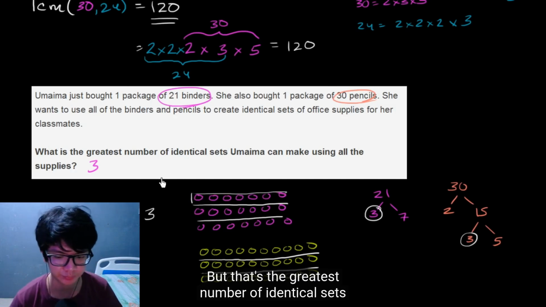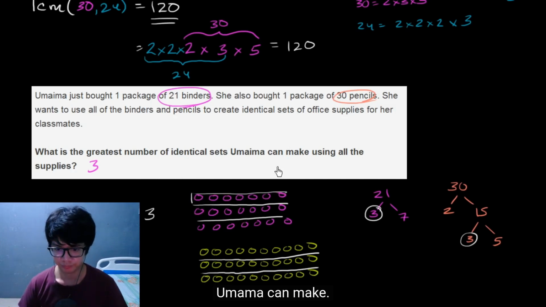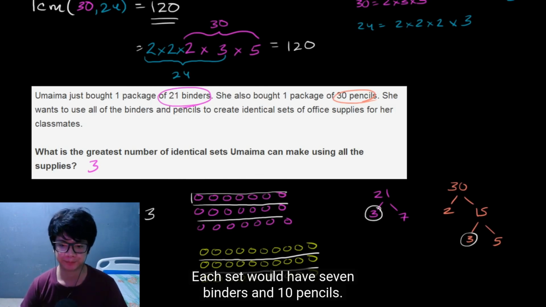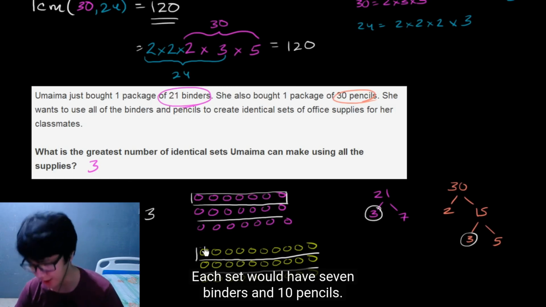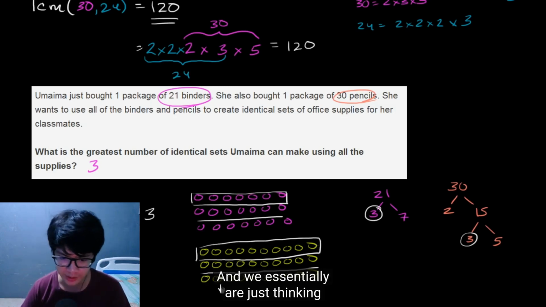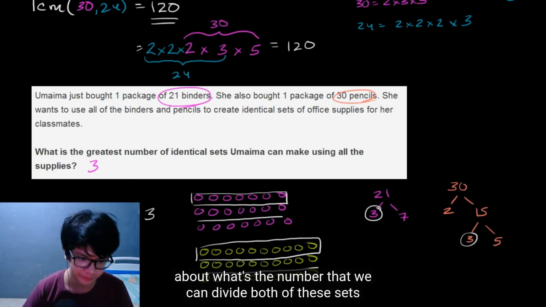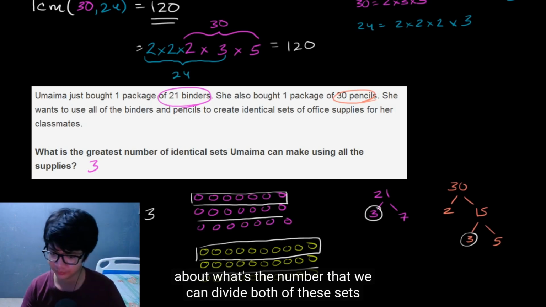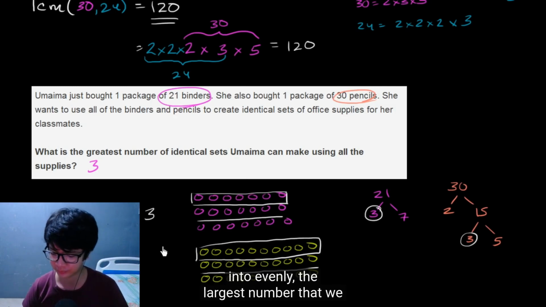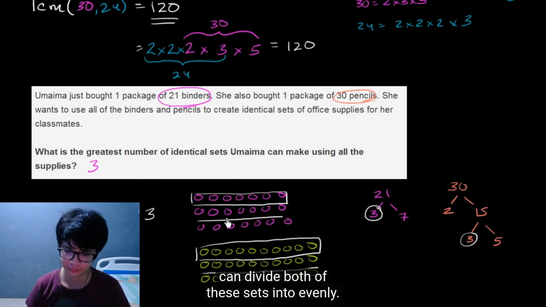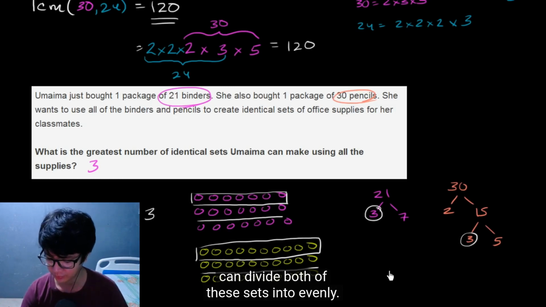That's the greatest number of identical sets Umama can make. I would have 3 sets. Each set would have 7 binders and 10 pencils. And we're essentially just thinking about the largest number that we can divide both of these sets into evenly.